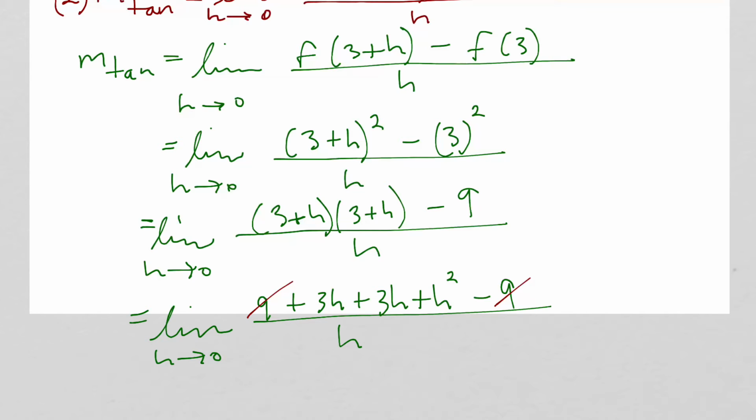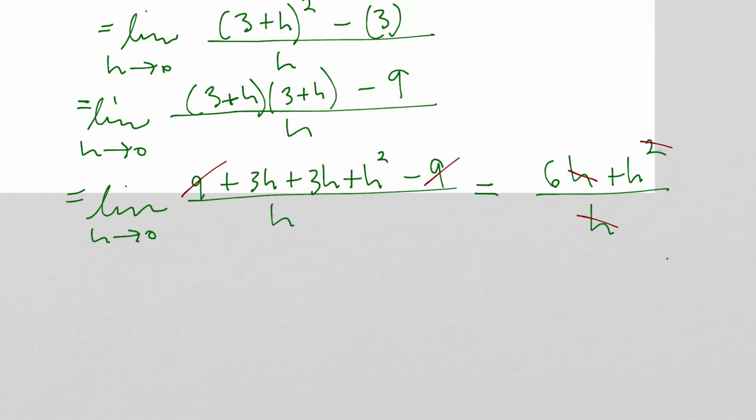So I've got 6h plus h squared over h. We wanted that h to cancel in the denominator, so we're able to evaluate this limit. If that doesn't happen, then we've got a problem. So now we can evaluate the limit.